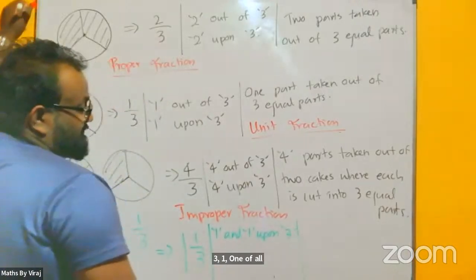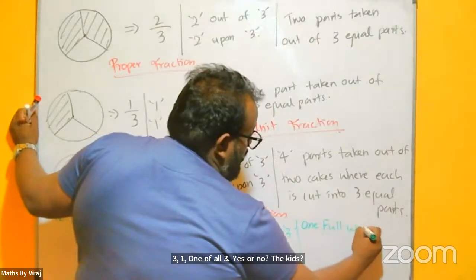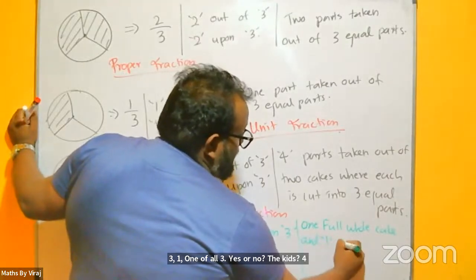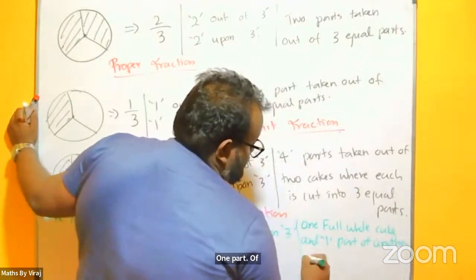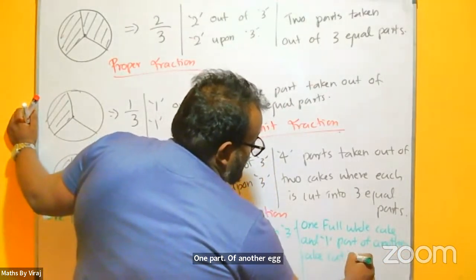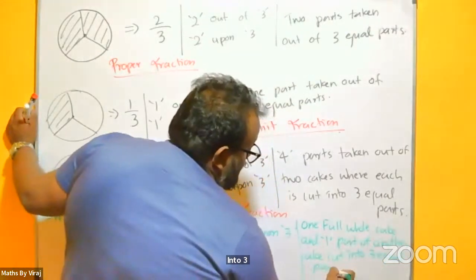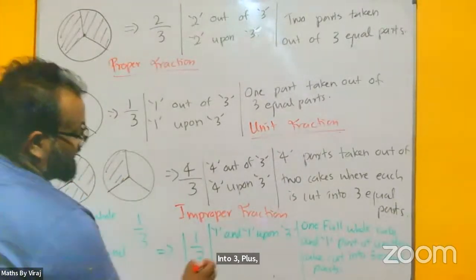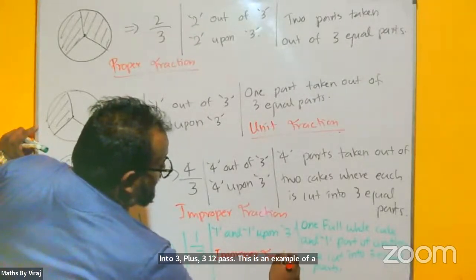Which is 1 full whole cake and 1 part of another cake cut into 3 equal parts. This is an example of a mixed fraction, not an improper fraction, sorry.